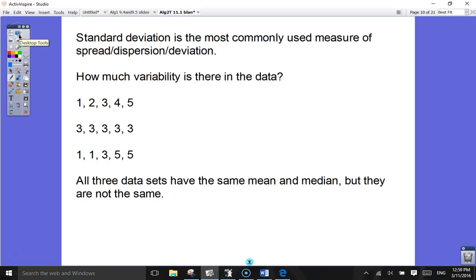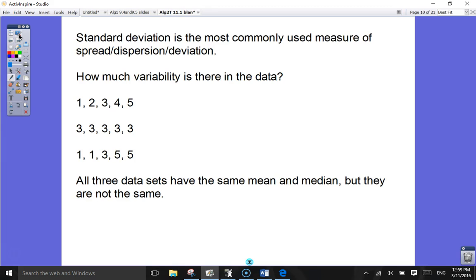Okay. So standard deviation is the most commonly used measure of spread, and it's a very complicated statistic to calculate. It's not the most user-friendly of them all. But the question it's trying to ask is, how much variability is there in the data?